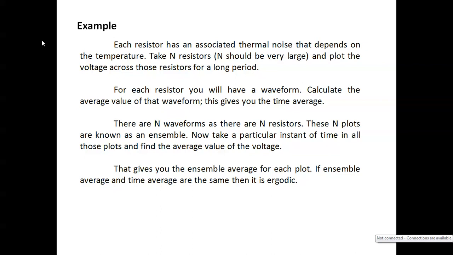So these are the n waveforms. There are n resistors. If you take 100 resistors, then there are 100 waveforms. Based on the 100 waveforms, you take the average. That means you take samples from every graph, a single sample, and finally you draw the graph or waveform. That is the average of the whole entire data.